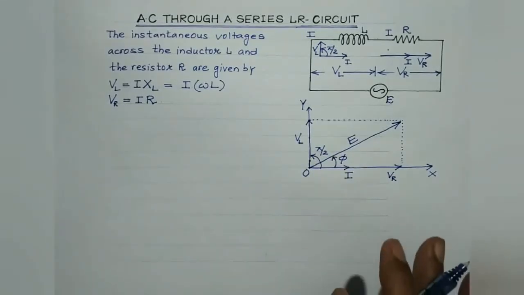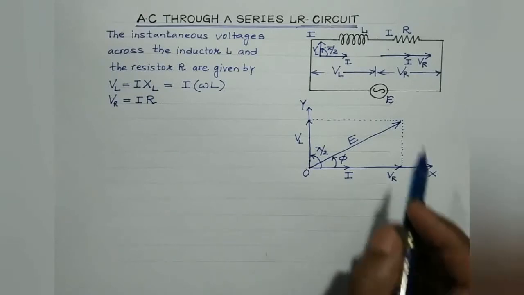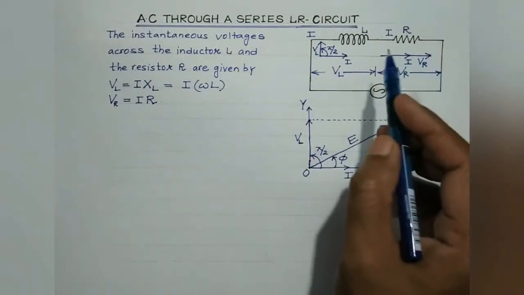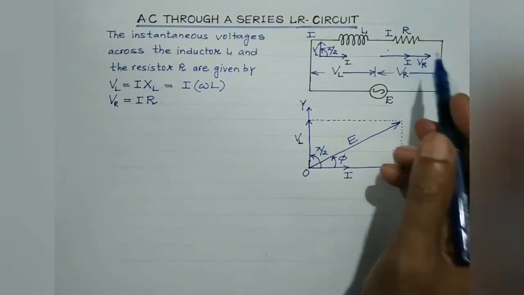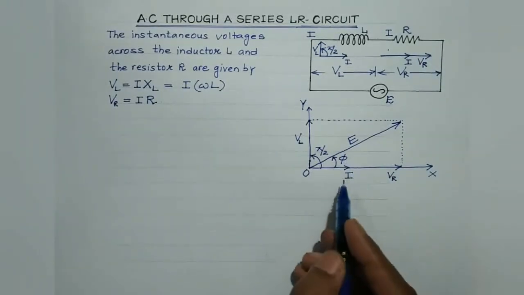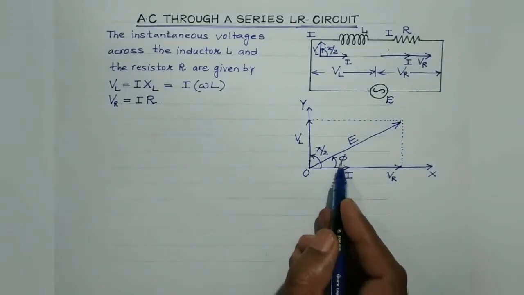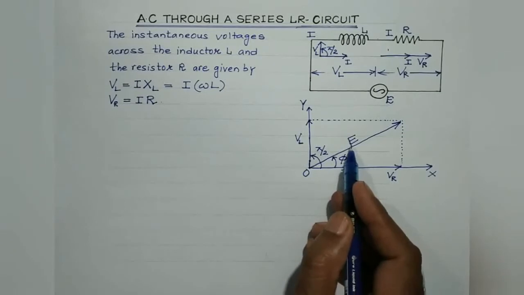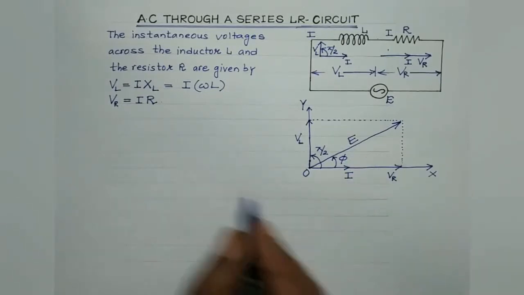So from the diagram, it's pretty clear that in the case of an AC circuit consisting of an inductor and resistor connected in series, the EMF E leads the current I by phase angle phi, right? This is the instantaneous applied EMF.